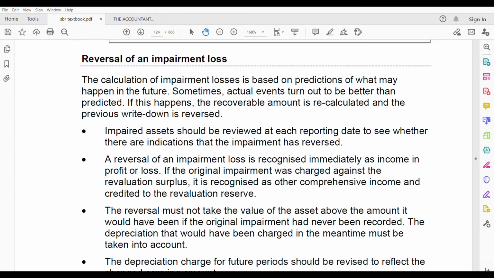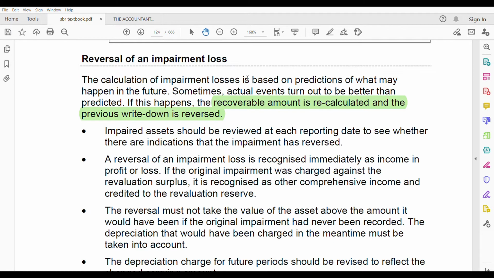The calculation of impairment losses is based on predictions of what may happen in the future, right? Sometimes actual events turn out to be better than predicted. If this happens, the recoverable amount is recalculated and the previous write down is reversed. So just see, today you are predicting that after 3 years your value of the asset will go down. It's just a prediction.